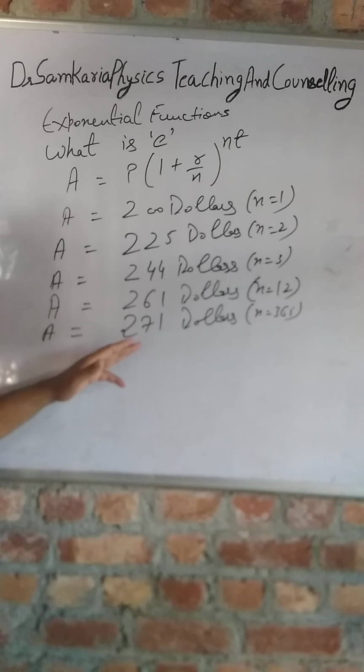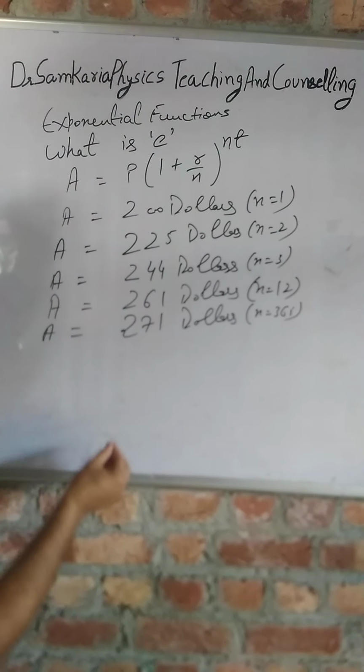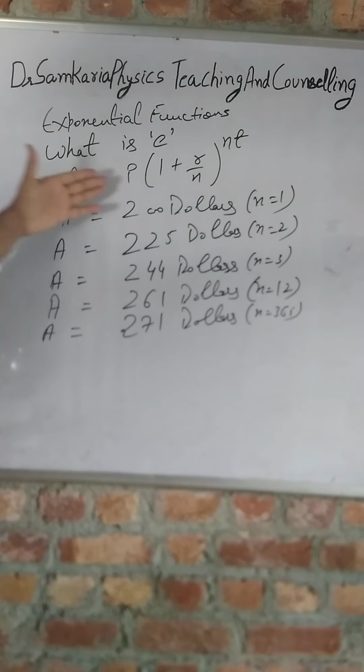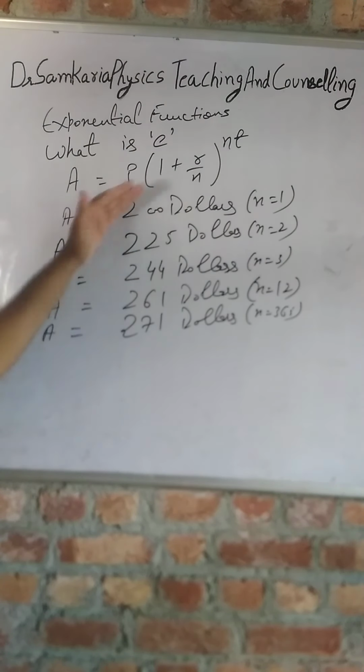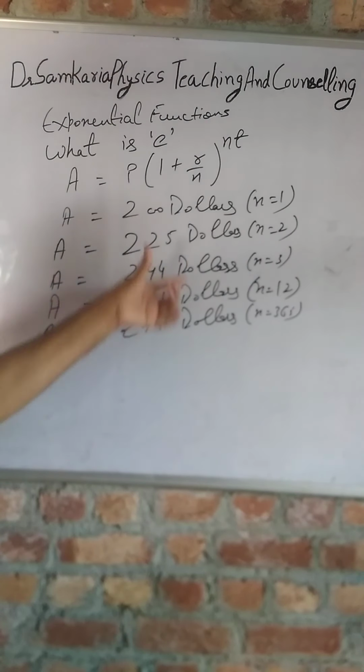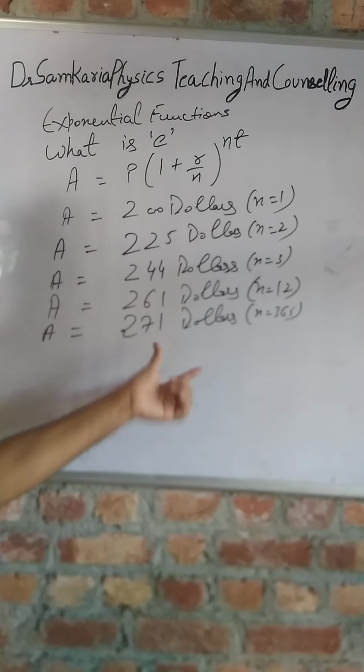So what you can see from this is that as the number of compoundings increases, the compounded value appears to be approaching some fixed value, because although my value is increasing, the increase is slower. As I go to larger and larger n, the value is increasing, but the increase is slower.